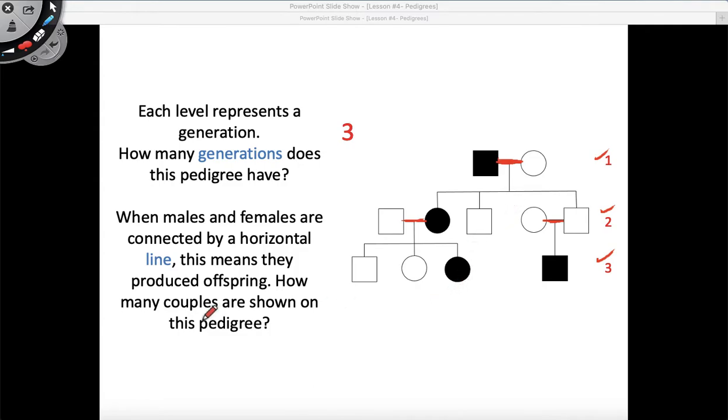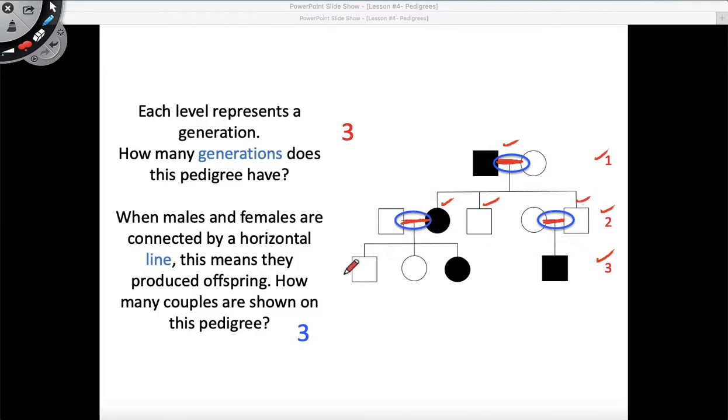So how many couples are shown in this pedigree? Anytime you see a line connected, that's a man and a woman that produce offspring. So here you see, of course, 3 couples. And then the kids are represented here with a line. So for this couple right here, they had 1 girl and 2 boys.